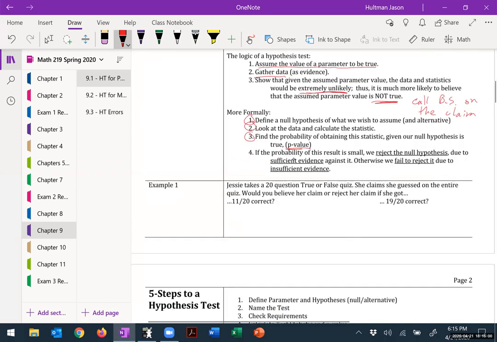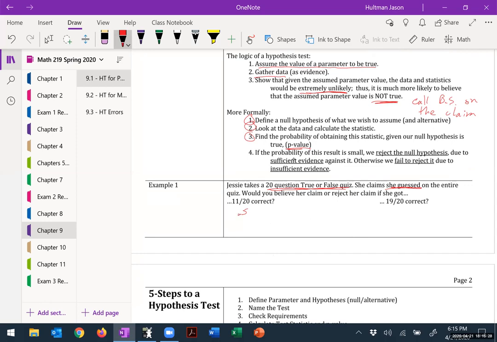Example 1. Jessie takes a 20-question true-false quiz. She claims she guessed the entire quiz. Would you believe her claim or reject her claim if she got 11 out of 20 correct? Well, 11 out of 20 is pretty close to half, right? 50-50.